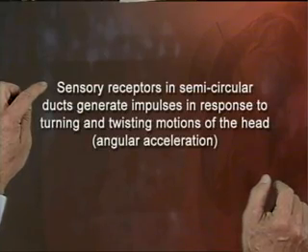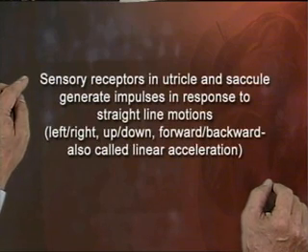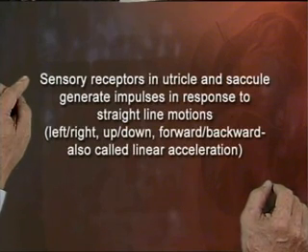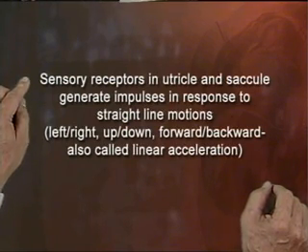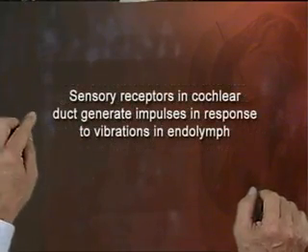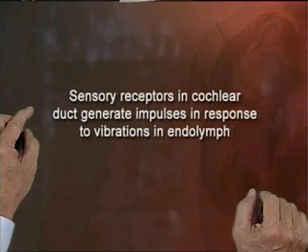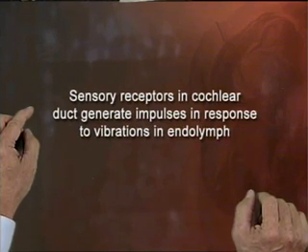Next graphic, the sensory receptors in the utricle and saccule generate impulses in response to straight line motions, left or right, up or down, forward or backward, linear acceleration. And finally, the next graphic shows that sensory impulses generated in the cochlear duct result in interpretation of what we call hearing, audition, sound.